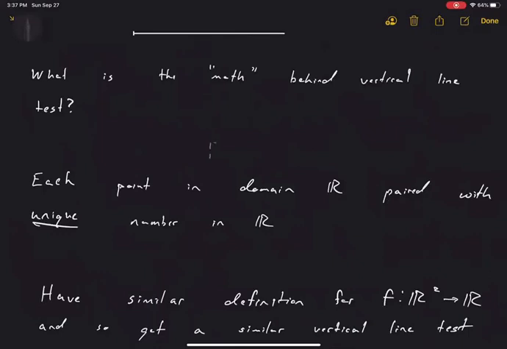For a function R to R, a single variable function, you remember we have this general idea: a function is a rule that pairs each point in the domain with a unique point in the range. Meaning if I have X in the domain, I can only pair it up with one Y, a unique Y.